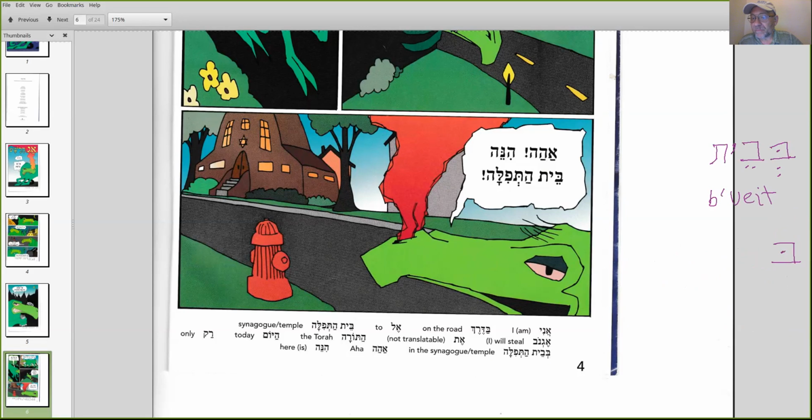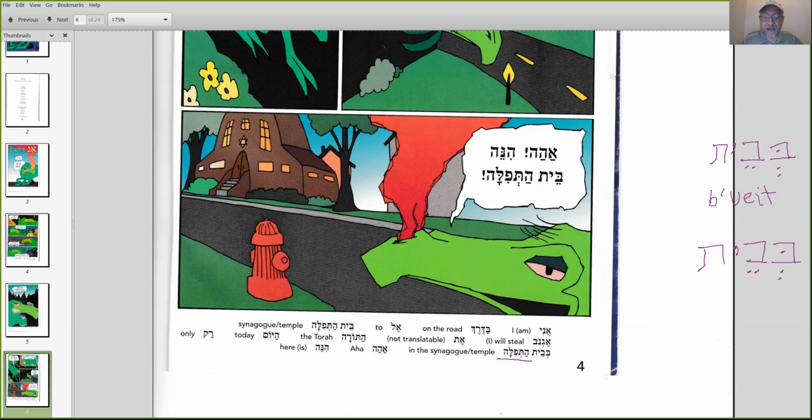The preposition bet, meaning in, with, or on, and then we start the word that means house, right? And this changes to a vet. We have a tsere yod combination and tav. Beveit. Okay, and then ha tefillah. You guys have seen that previously.